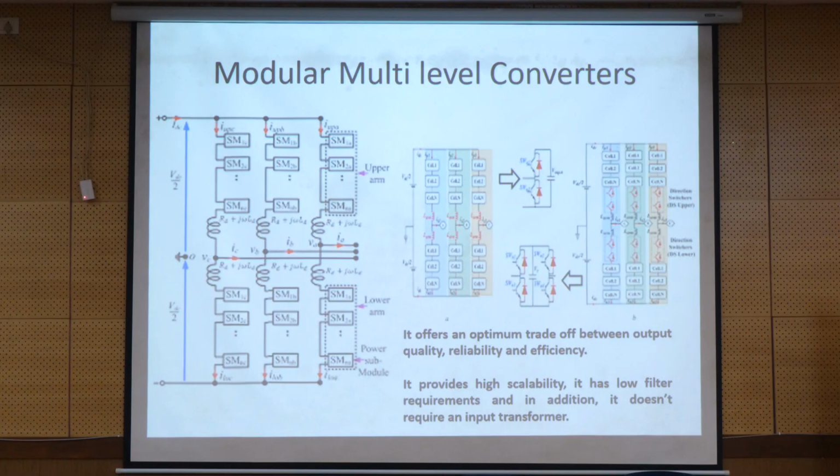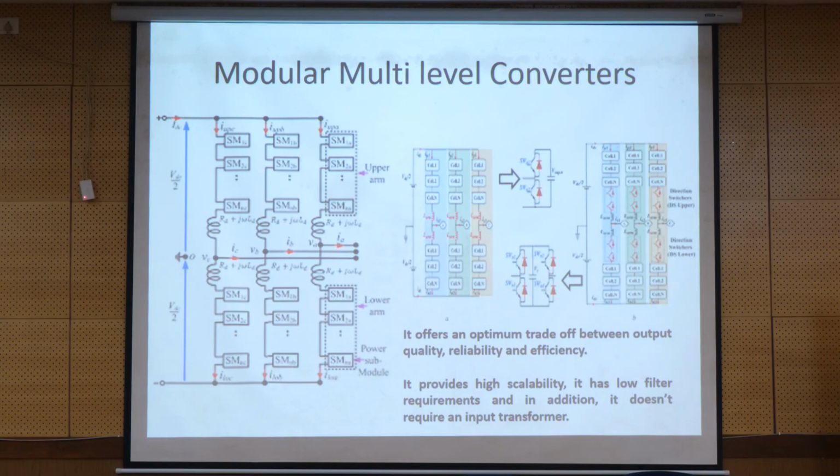The distorted output is going to ruin your machine performance in terms of pulsating torque and heat generation in the machine, so the performance is going to be degraded. We have to take care of this concept.